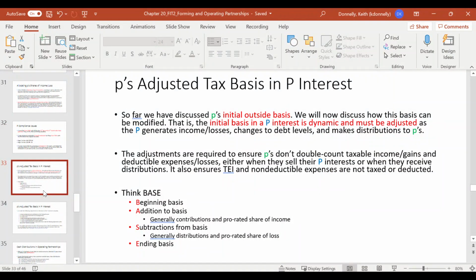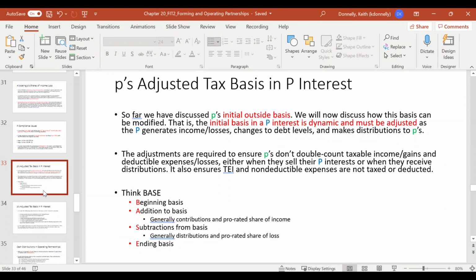So we've talked so far about outside basis, and we've kind of looked at it from just an initial outside basis criterion. That is to say, if after I contribute property or services to a partnership, what is my outside basis? That is all we've asked so far, and we've examined just an initial outside basis.